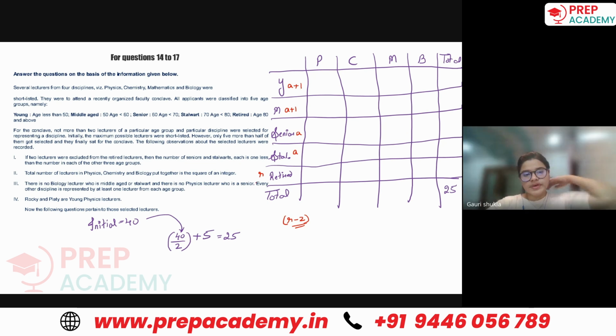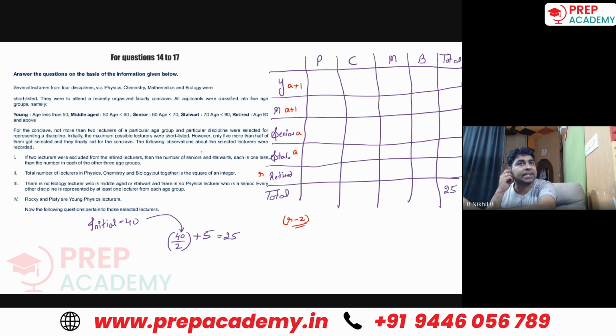So, how did we determine that senior and stalwarts are the same? By this line, the number of senior and stalwart each is one less than the number in each of the other 3 age groups.